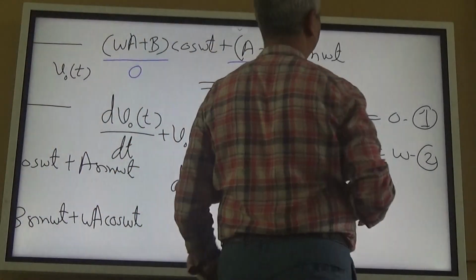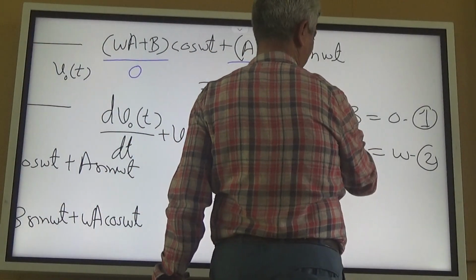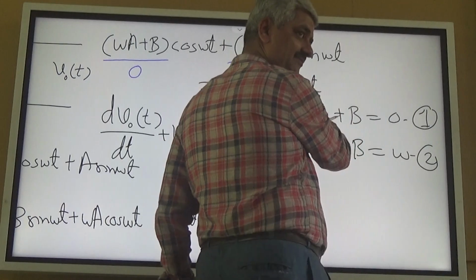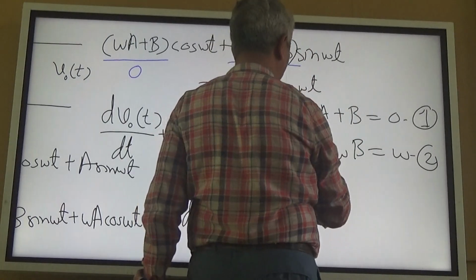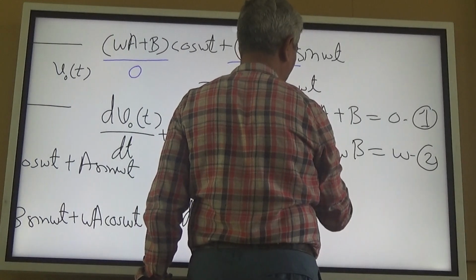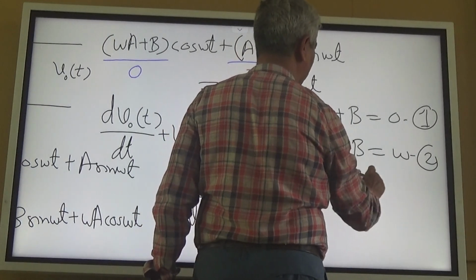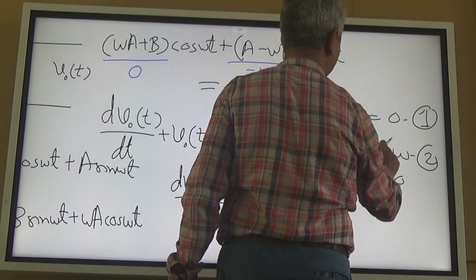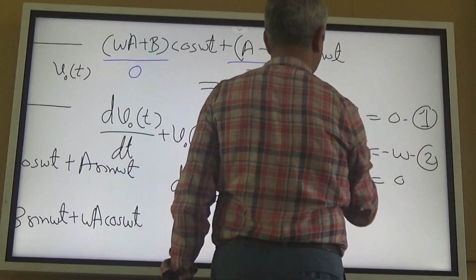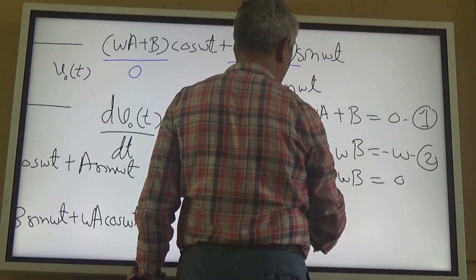Multiply equation 1 by omega, right? So multiplying 1 by omega, you get omega square a plus omega b equal to 0. In the second there is a minus omega b, right? Then add these two.